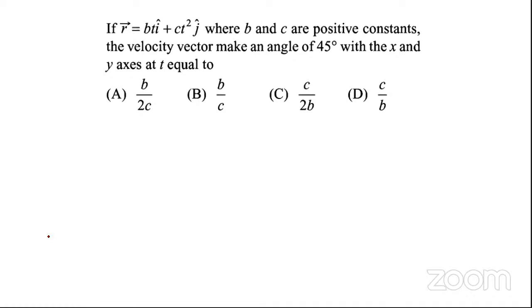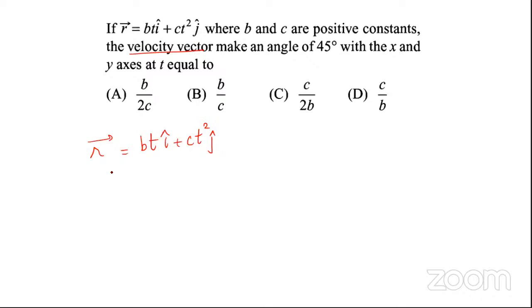See, we have the R vector with us. R is the position vector, that is b t i cap plus c t square j cap. And we want to find the velocity vector.